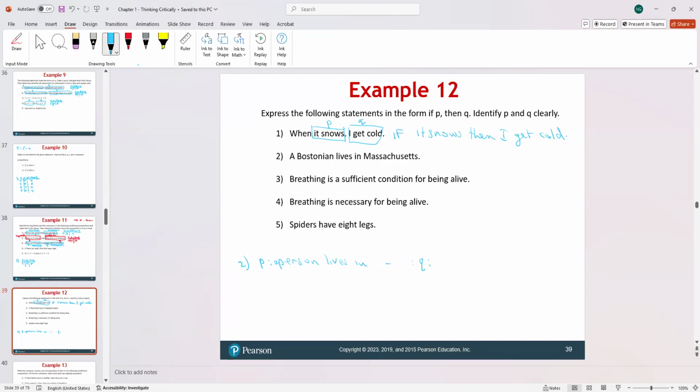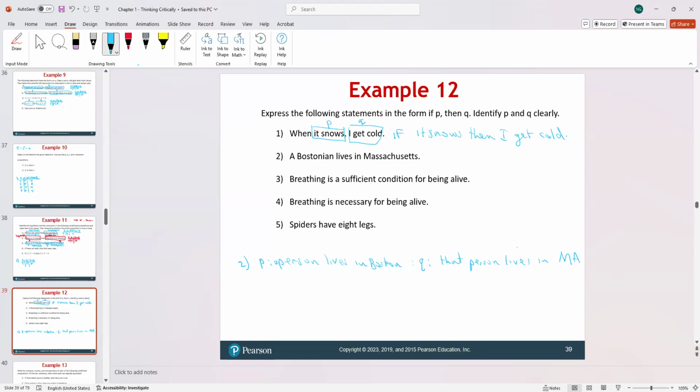A person lives in Boston. I can say that person lives in Massachusetts. I gave you an example like this before. Do you agree with that? MA is for Massachusetts.